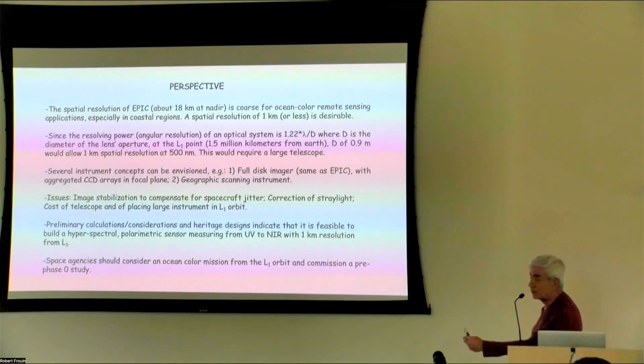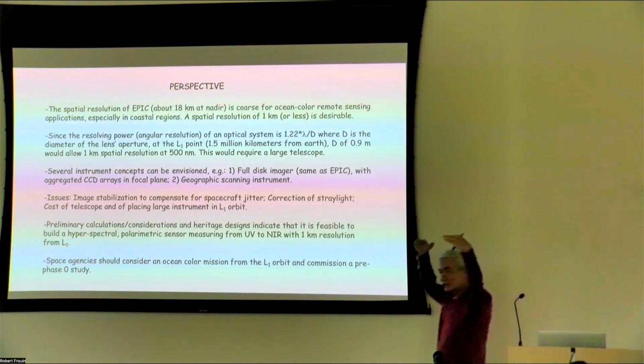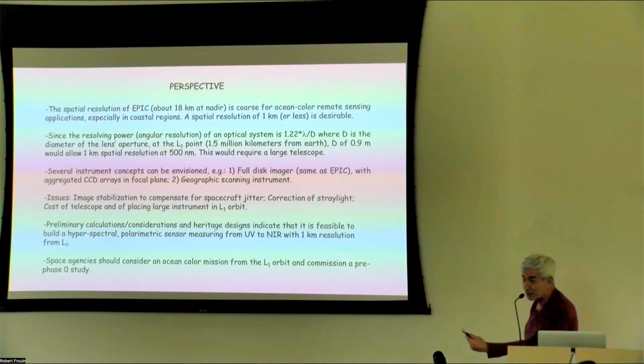So typically, from the L1 point, if you have a diameter of 0.5 meter for the primary lens, you can get 1 kilometer spatial resolution at 500 nanometers. But this would require a large telescope. The EPIC telescope aperture is 30 centimeters, so now you need something much bigger.